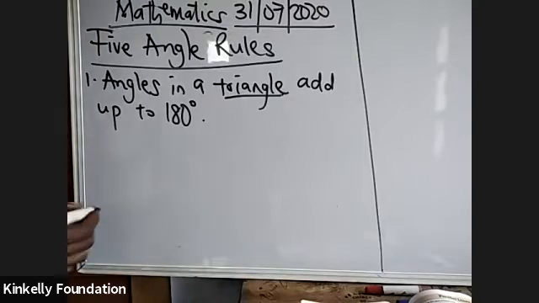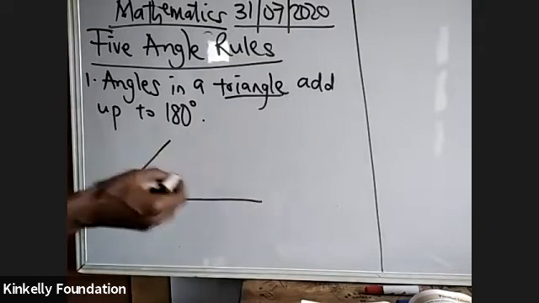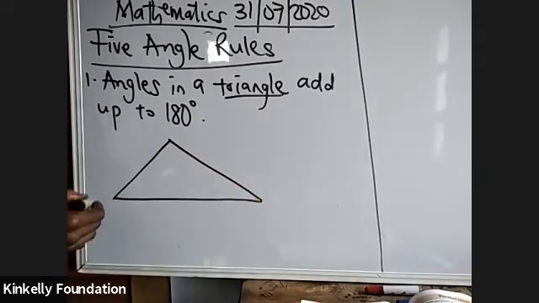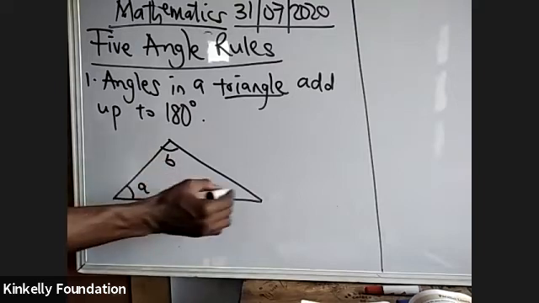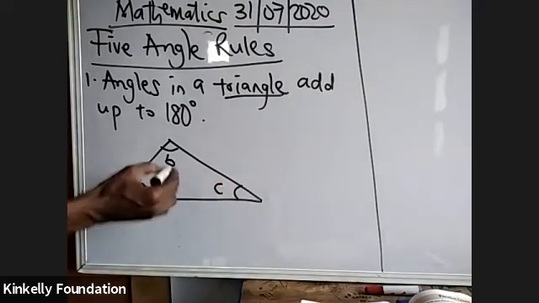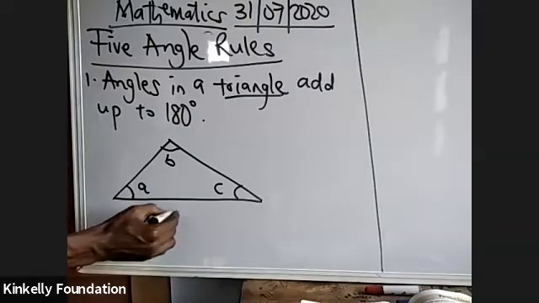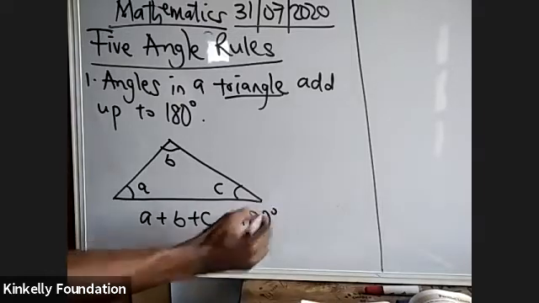Now, we are going to give the diagram of a right-angled triangle. If this is here, we have an angle A, we have an angle B, we have an angle C. Now, what this statement means is that A plus B plus C is equal to 180 degrees.